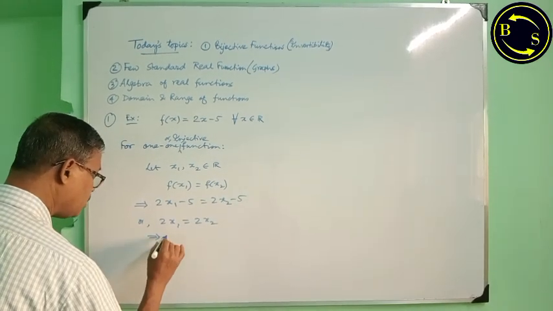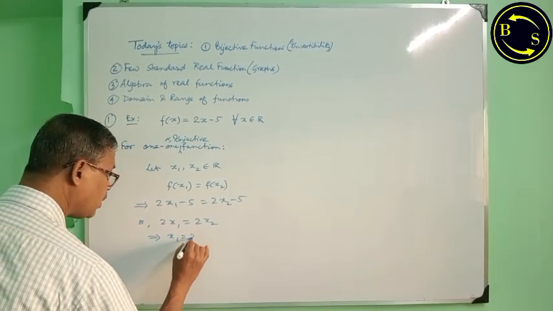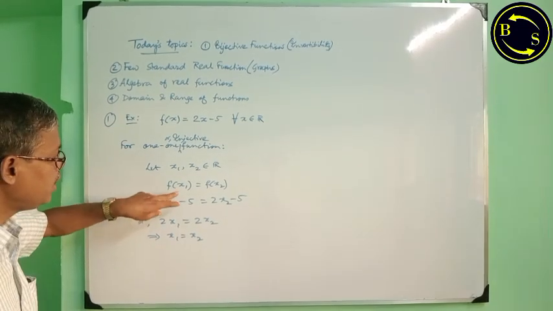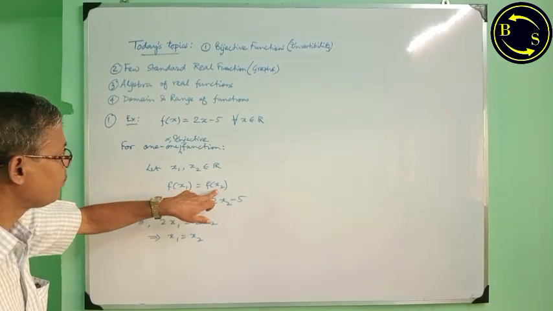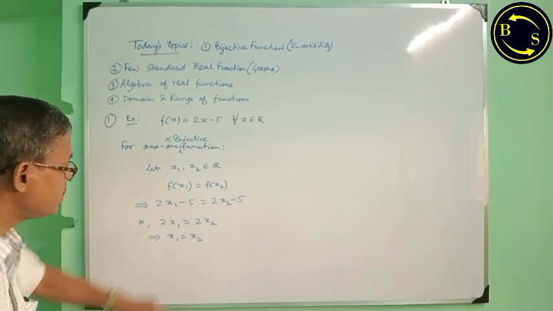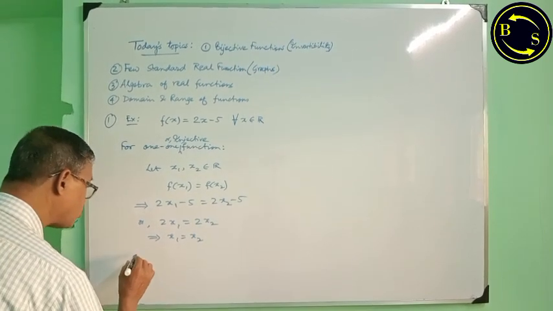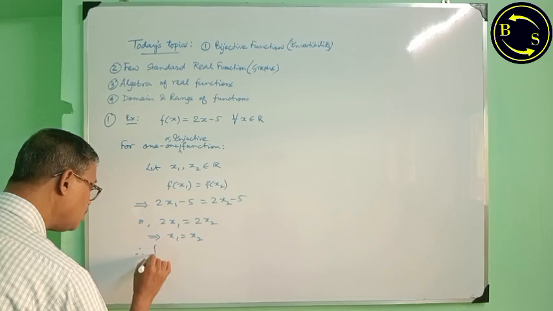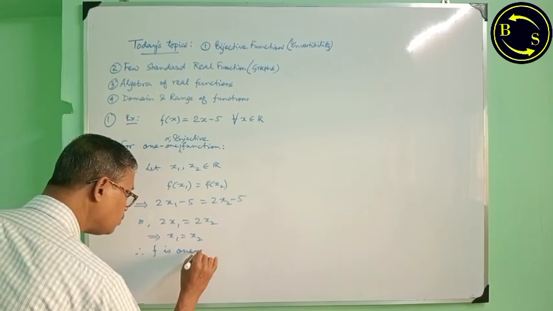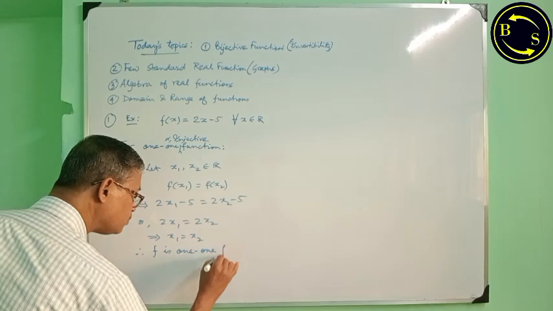From that we get x1 equal to x2. Thus, if the images are the same, then their pre-images must be the same. From this we conclude, therefore, f is a one-one function.